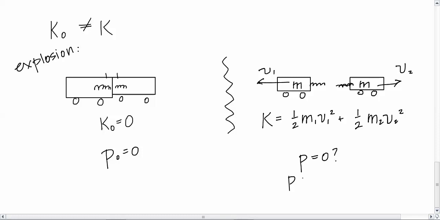Our final momentum would be M times negative V1 plus M times V2. I think it's possible to have this negative value plus that positive value give you 0.